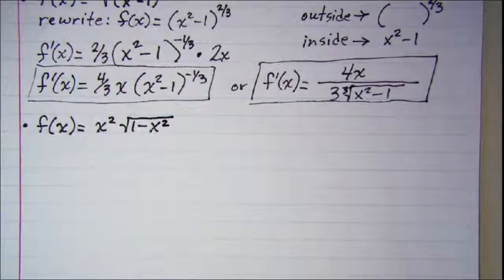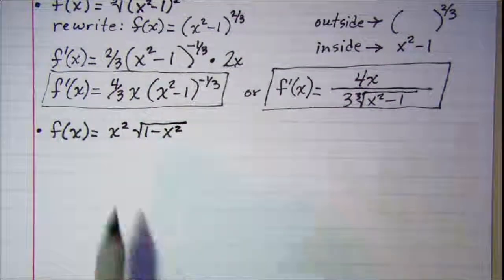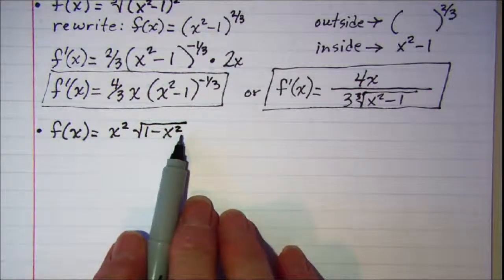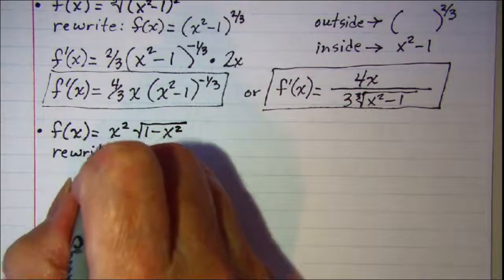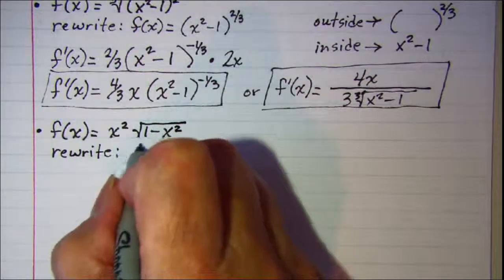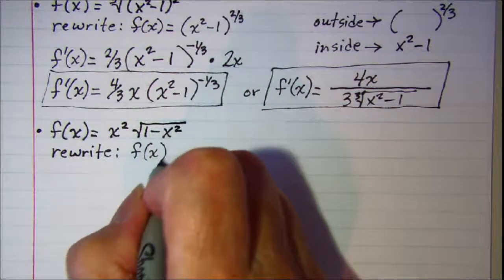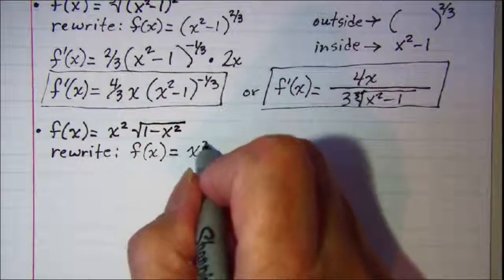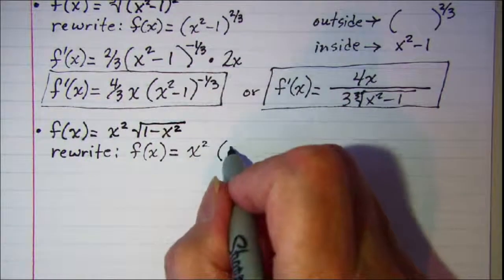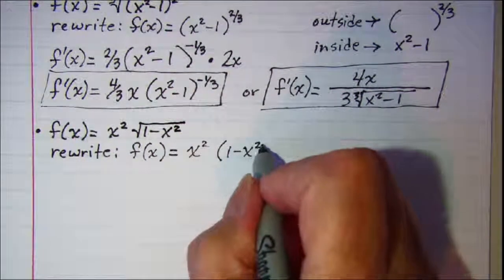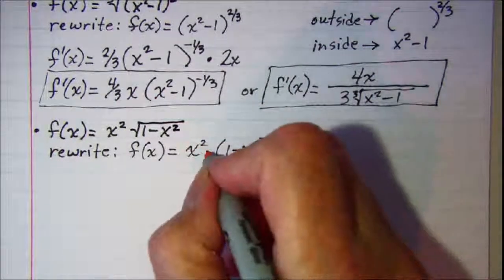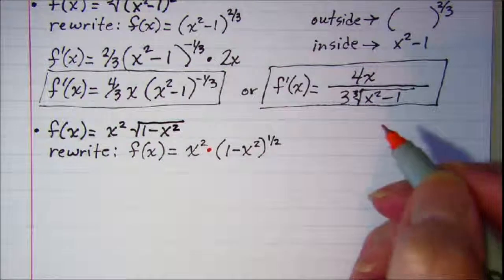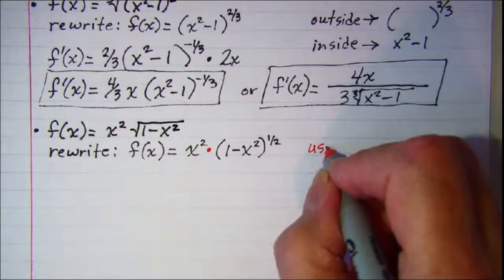Our next example, again, let's rewrite this radical with a fractional exponent. So f of x is equal to x squared times 1 minus x squared to the 1/2 power. Now notice this is multiplication, so we have to use the product rule.